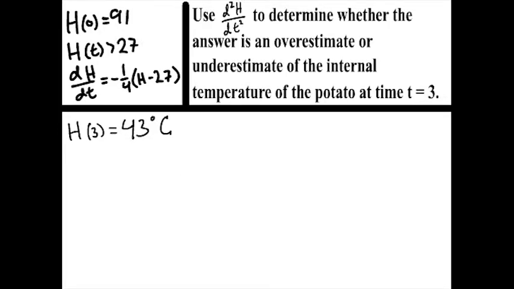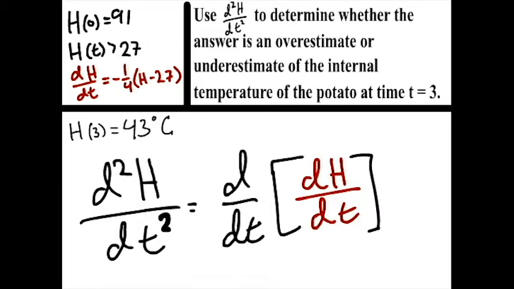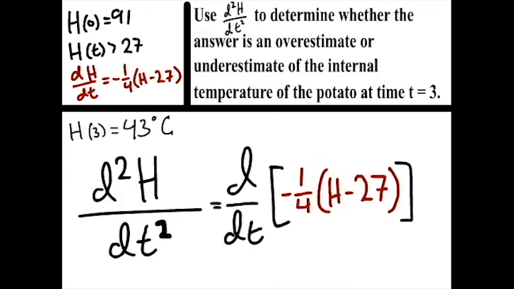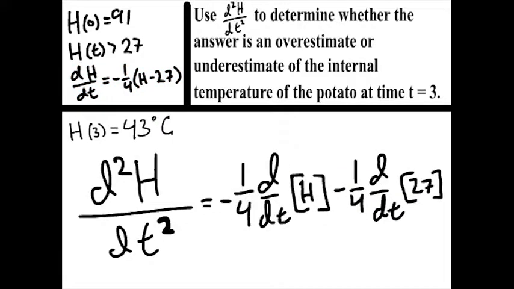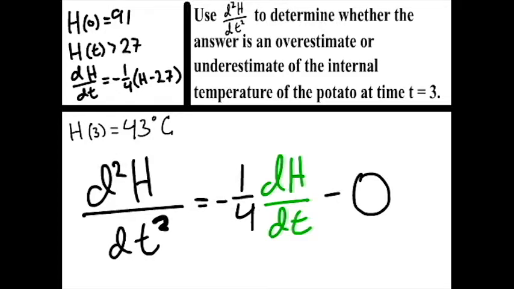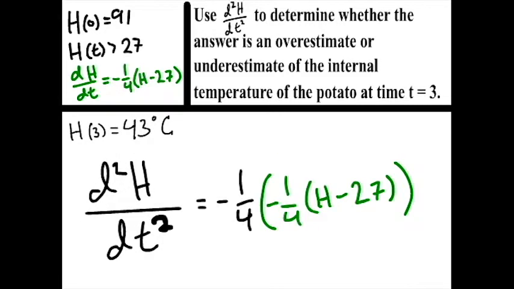Now they want us to use d squared h over dt squared to determine whether the answer is an overestimate or underestimate. We know that d squared h over dt squared is the derivative of dh/dt with respect to t, and we know that dh/dt is equal to negative 1/4 (h minus 27). So we take the derivative with respect to t, which is equal to negative 1/4 dh/dt, which we already know is negative 1/4 (h minus 27).